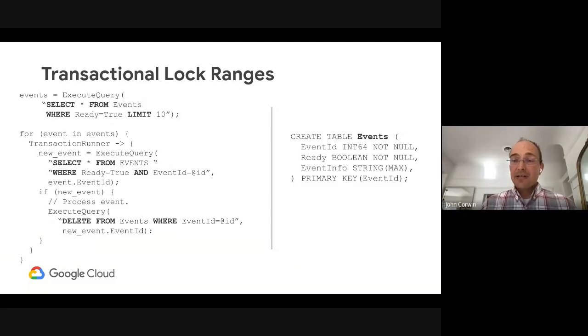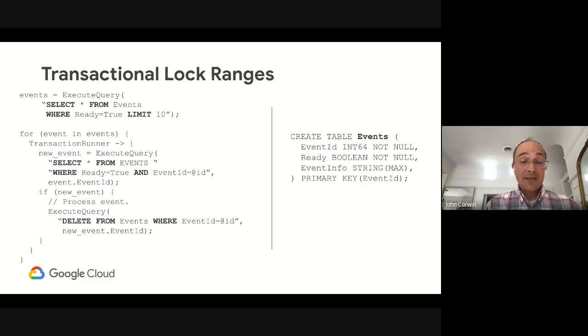That's a really good question. So it depends. What we have to keep in mind here is that just because you've acquired a read lock on something in Spanner doesn't actually provide you any guarantees. The guarantee that Spanner makes is that after the commit has completed, your read locks were valid.